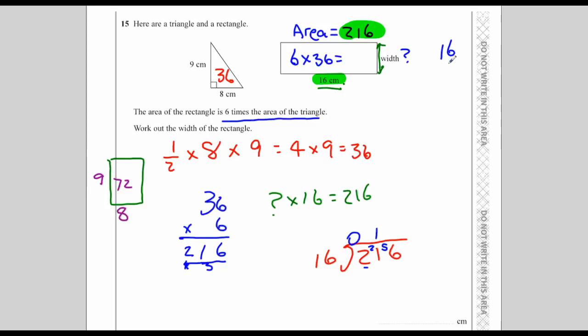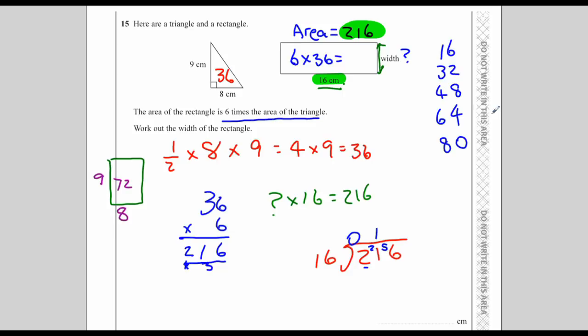So you get 16, add another 16 is 32, add another 16 is 48, add another 16 is going to be 64, add another 16 is going to be 80, and we could continue.